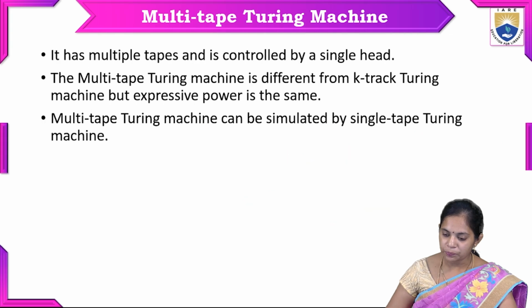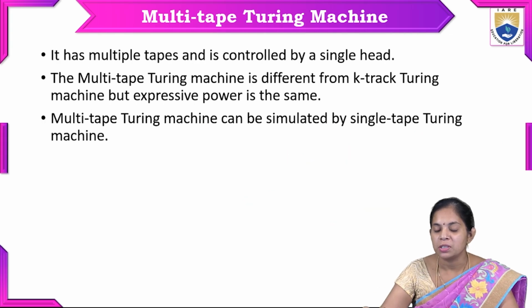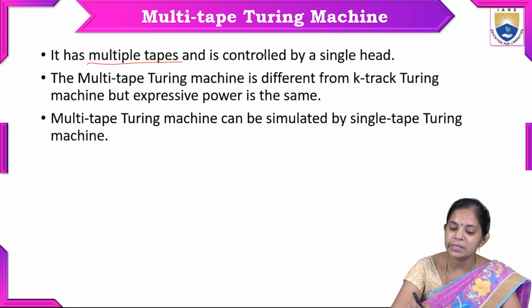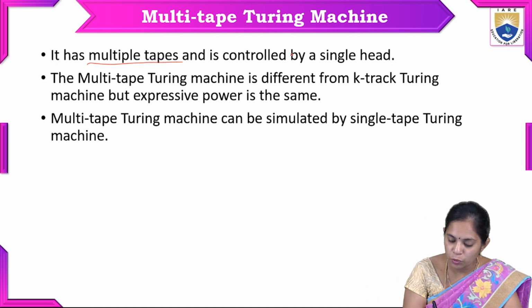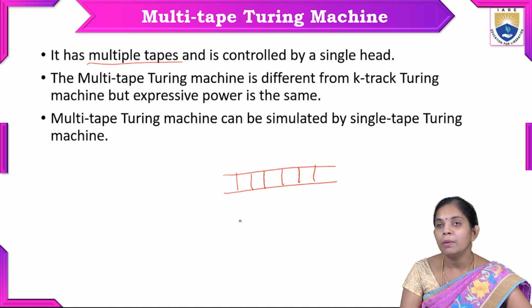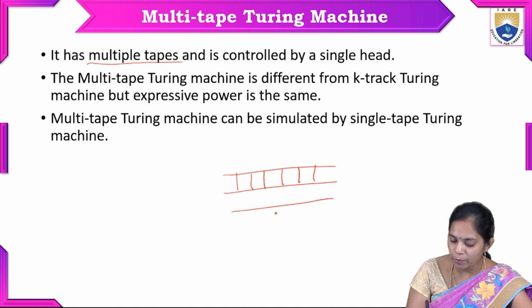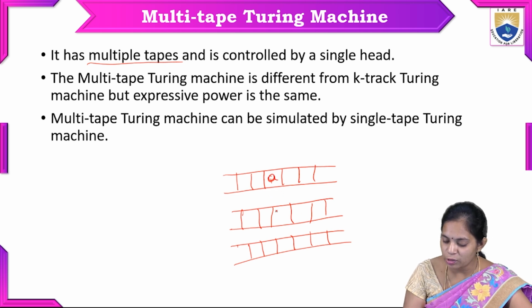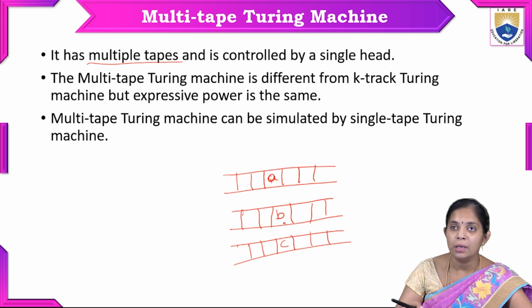And the second one is the multi-tape Turing machine, which has multiple tapes, as the name itself says. In the standardized Turing machine we have only a single tape, but here we have multiple tapes. We read the input values like A, B, C to represent the multiple tapes.